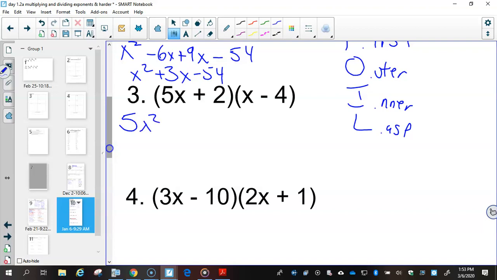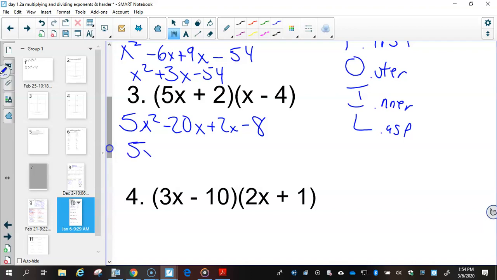What's 5x times negative 4? Negative 20x. 2 times x, positive 2x. And 2 times negative 4, negative 8. What would our final answer be?